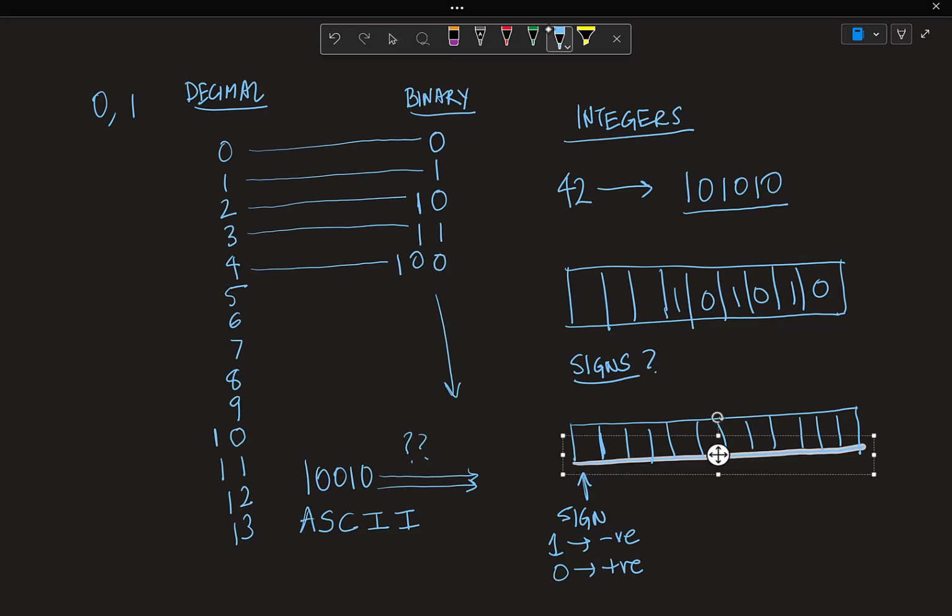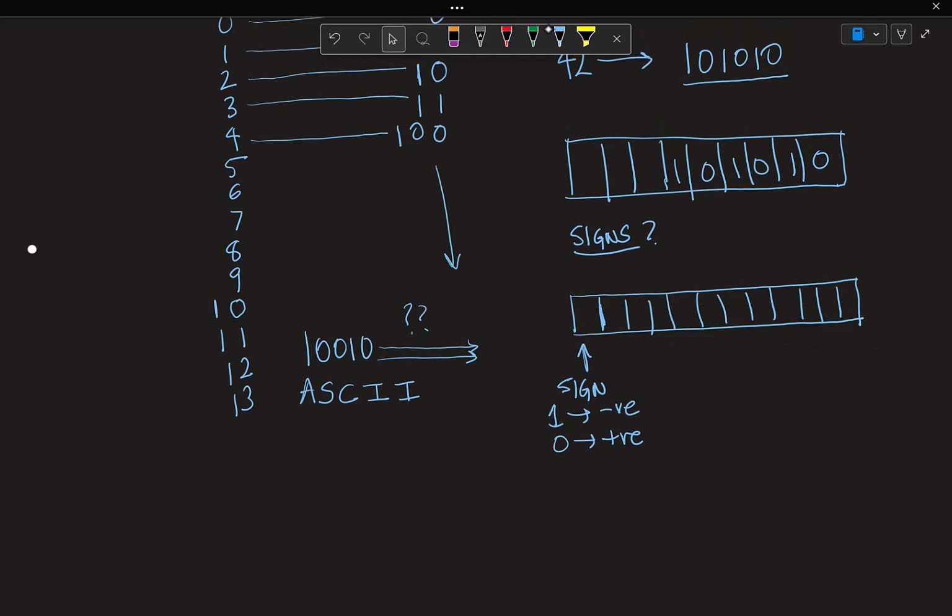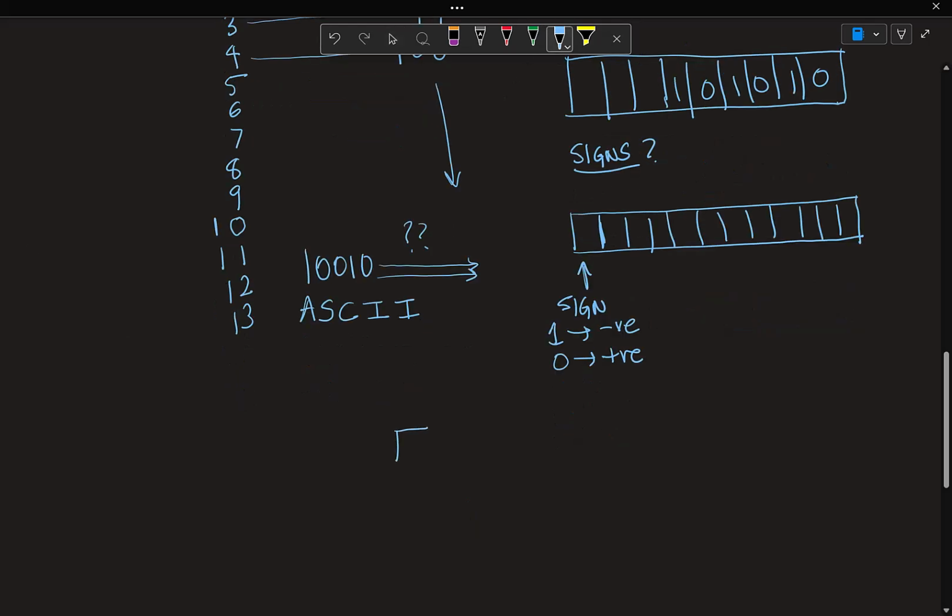And briefly, I would also mention how one might go about storing real numbers or rational numbers. And the way you do it is you will reserve 1 bit for the sign, as we did with signed integers, where 1 implies a negative number and 0 implies a positive number.